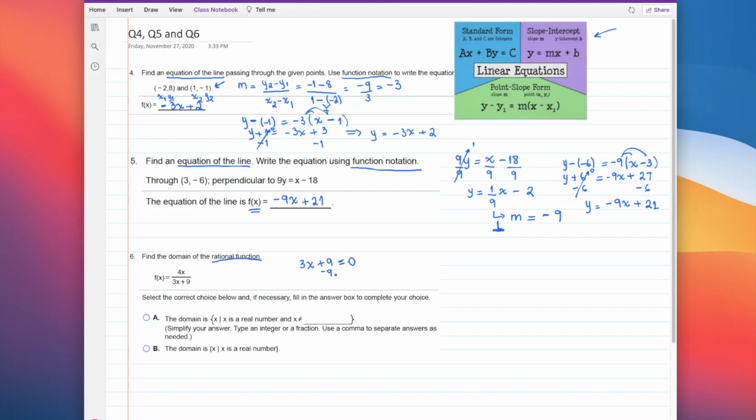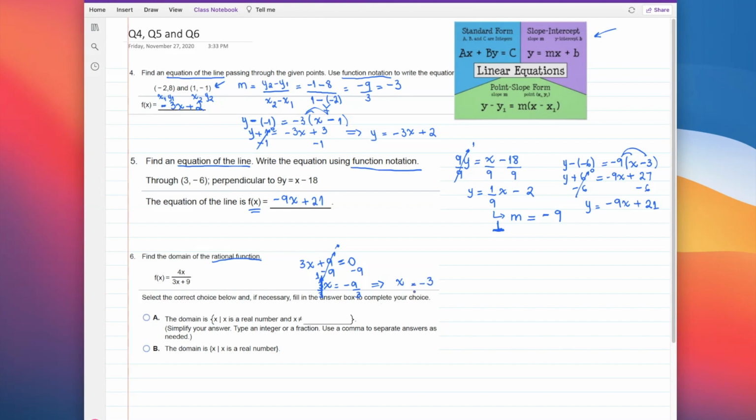So I solve for x. By adding the opposite and getting rid of this, now 3x equals -9, which implies that x is divided by the coefficient 3 on both sides to have the coefficient 1 for x, and then x equals -3.